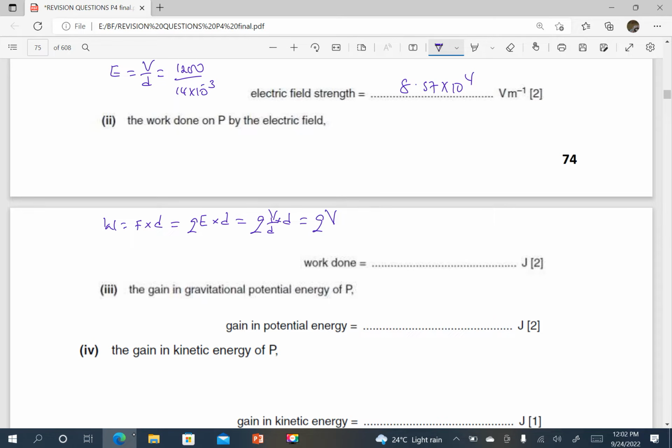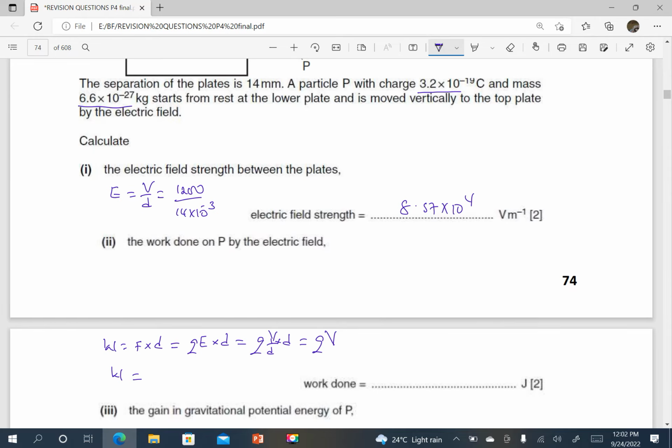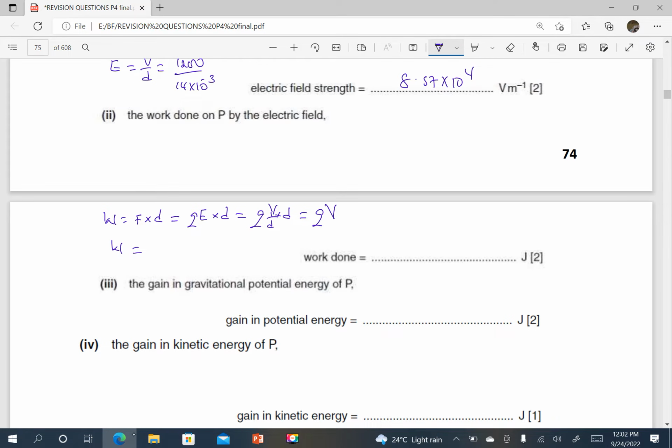And if that is true, the work done will be equal to the charge, which was 3.2 times 10 power negative 19, times the PD, which is 1200.